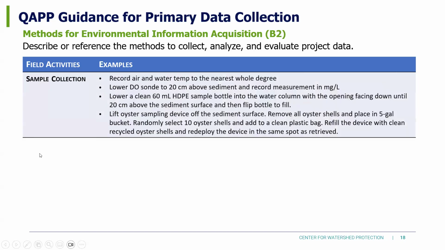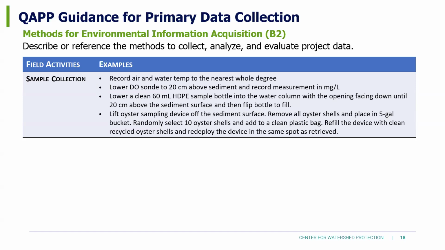So some examples of what to include in this section deal with sample collection. So this talks about how they're going to record their water temperature to the nearest whole degree, how they're going to lower their dissolved oxygen sonde into the water to take a measurement, what types of sample bottles they're using and how they're putting the sample bottle into the water to actually take the water quality sample.